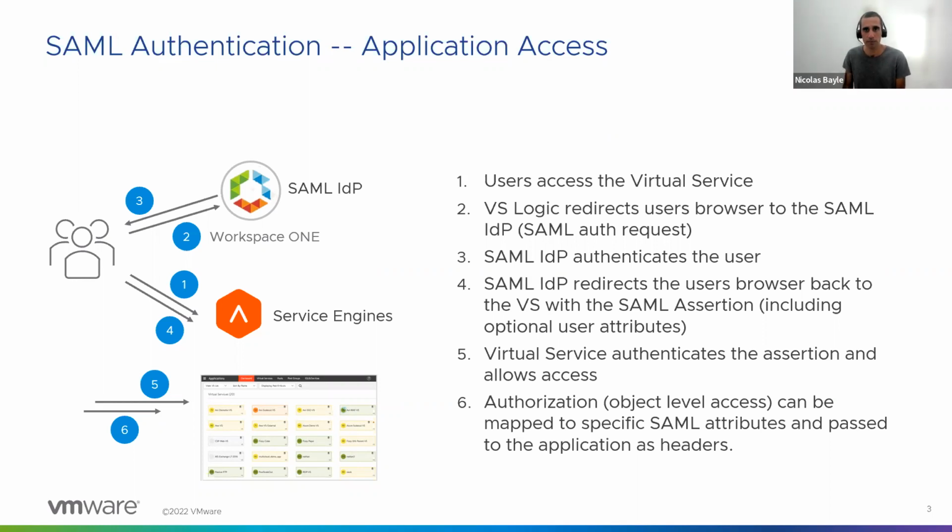And one of them, it's not the only one, but one of them is SAML, right? And if you want to leverage SAML, I want to show you how easy it is to configure AVI with one of your IDPs. I said one of your IDPs because in this demonstration, I will show you how it works with Workspace ONE, because it's easy for me to get an IDP based on this product, but you can use whatever IDP you want.